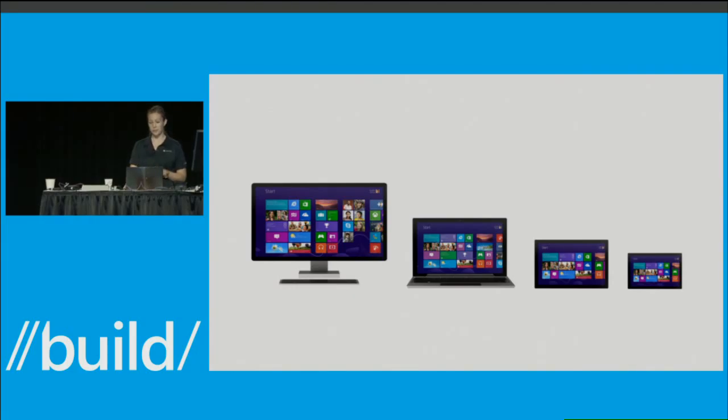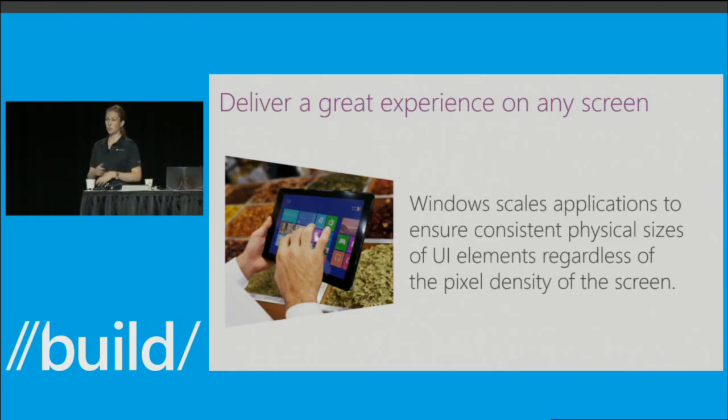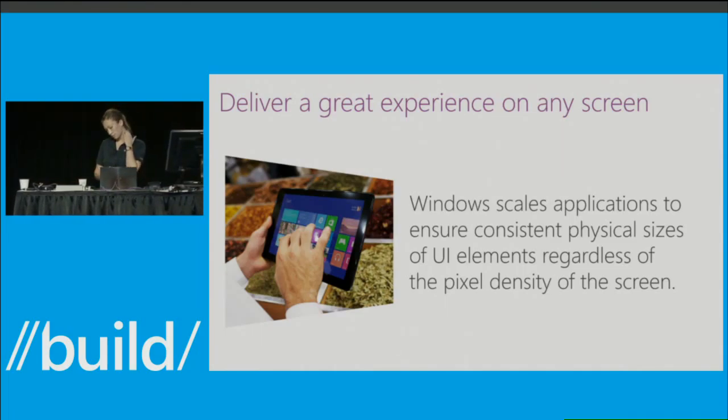They're getting above 300 dpi, which is really, really crisp. So Windows scales applications to make sure that the experiences that you design are consistent across a variety of screens. Windows ships on such a huge variety of screens that it's important that we can do this.